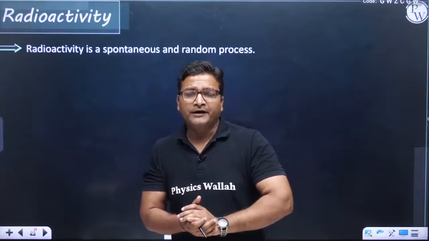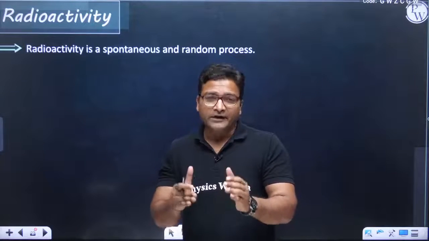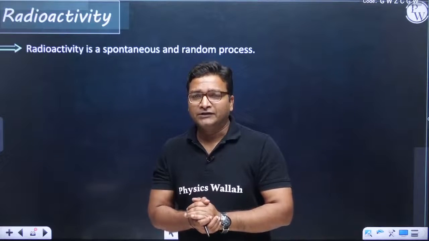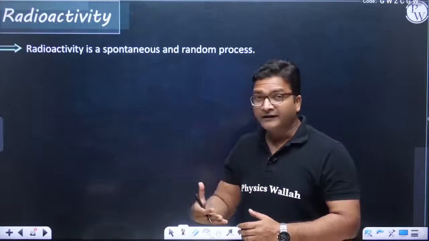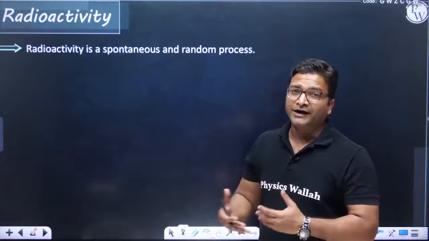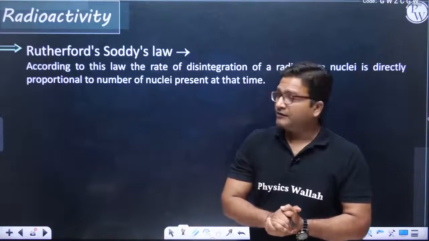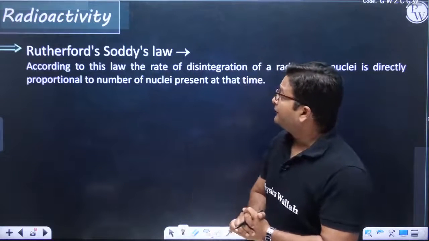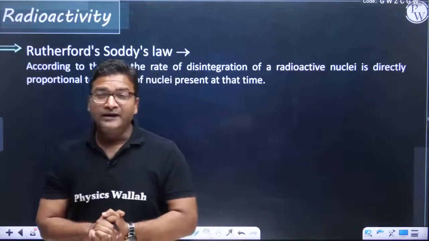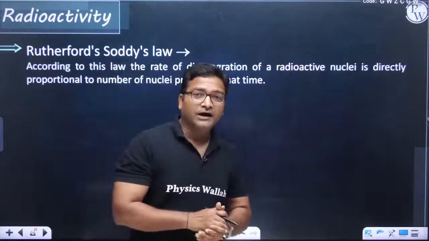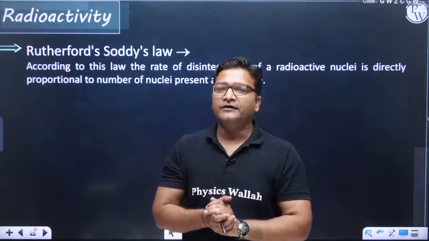Only we can predict how many of them can decay in a certain interval of time, and those laws are the purpose of studying this further topic, the radioactive laws. So we have the Rutherford-Soddy's law, and this law tells us how many decays will occur if you have a certain amount of sample with you.